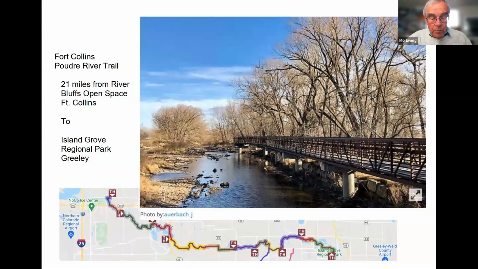And it goes from River Bluffs open space in Fort Collins, which is way over here, to Island Grove Regional Park in Greeley, 21 miles long. Its primary goal was recreation, but much of the trail is in semi-natural state because it runs along the river floodplain. And so you see some really neat native flowers along here.